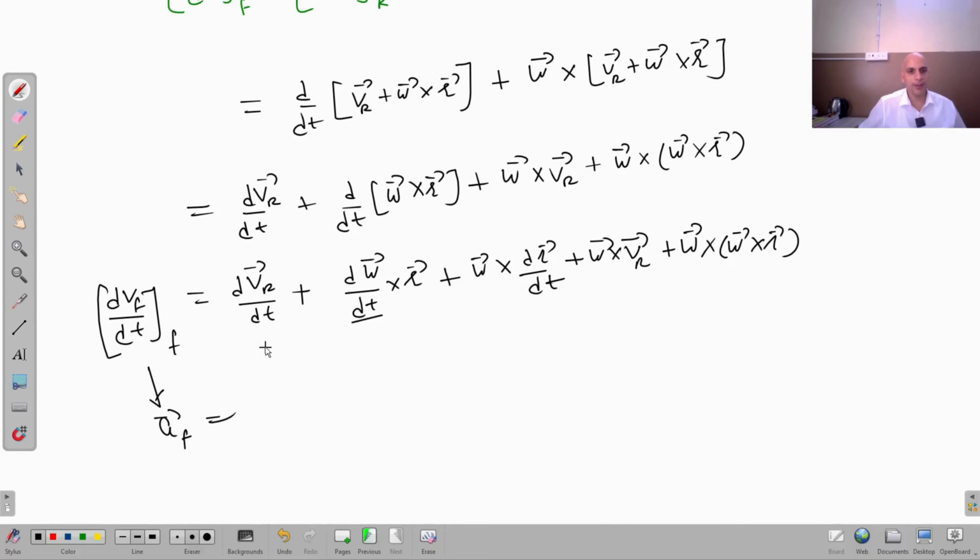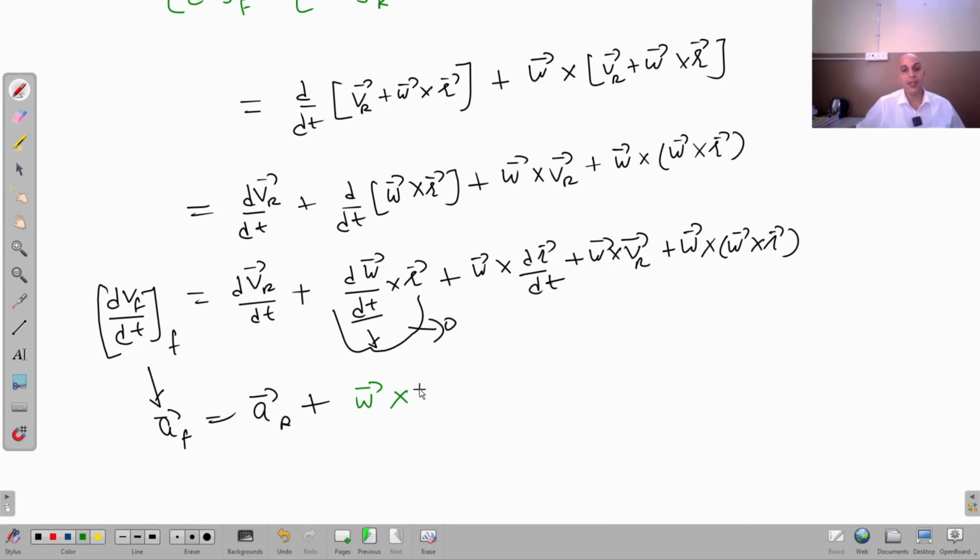This then becomes acceleration with respect to the rotating frame, plus now d omega upon dt. Let omega be constant, the angular velocity is a uniform constant. In that case d omega upon dt will be 0, so this term becomes 0 in case of omega constant or uniform, right? So I'm left with plus omega cross, what is dr upon dt?